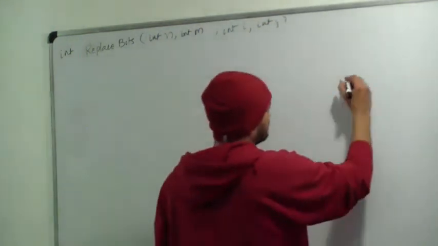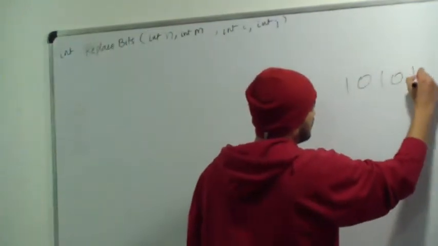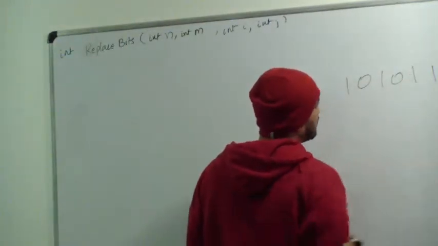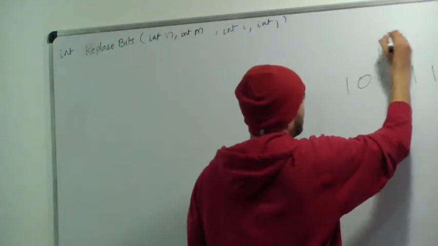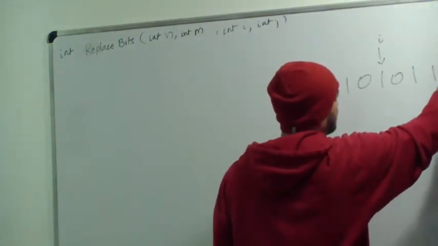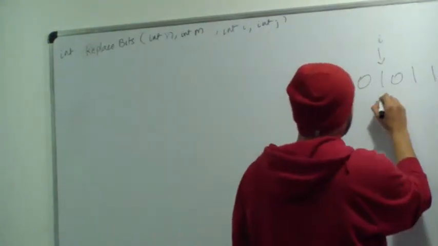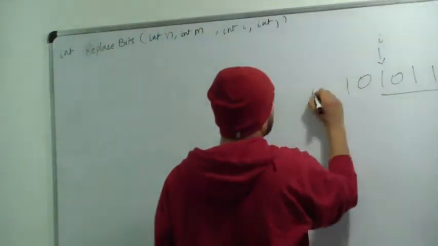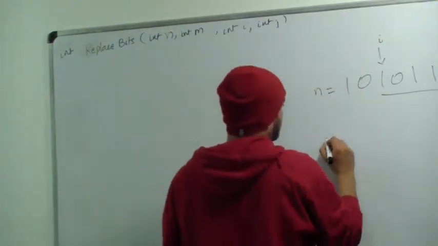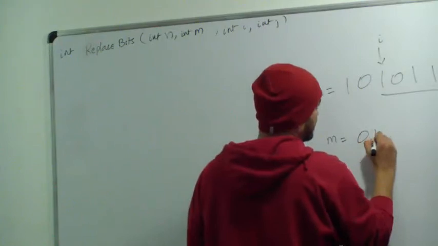How will we do this? So let's say you are given 1 0 1 0 1 1 0 0 1. This is your i, this is your j, and this is your n, you have to put m here.